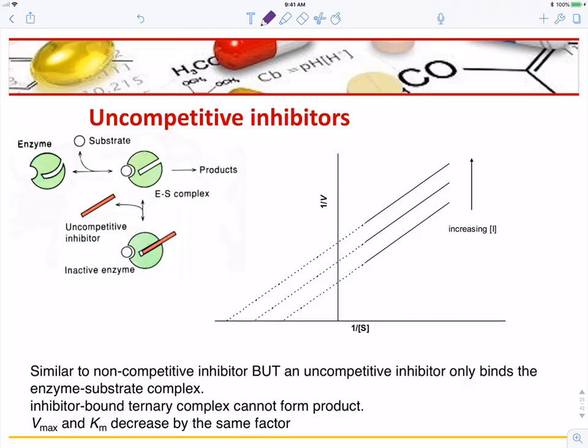So this inhibitor-bound ternary complex cannot form products, and so we have a decrease of both Vmax and Km by basically the same quantity. So the net effect of this uncompetitive inhibition is to decrease both the apparent Km and the Vmax of the enzyme.